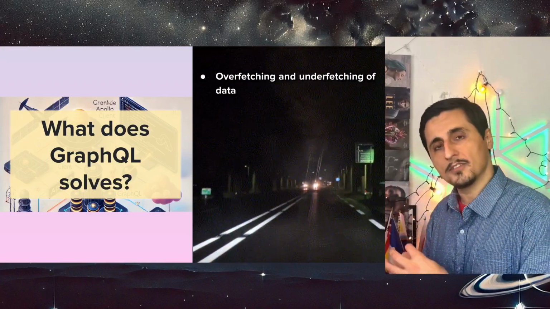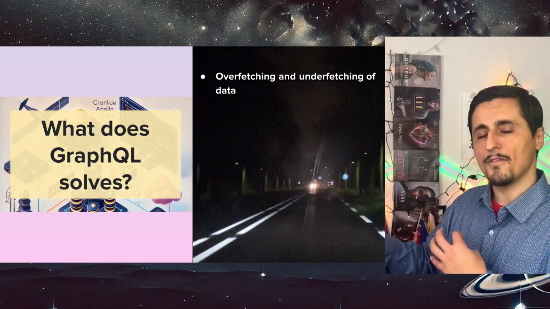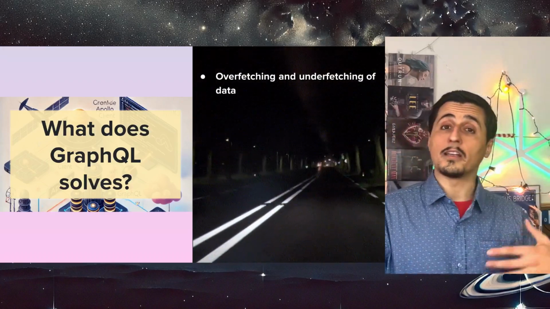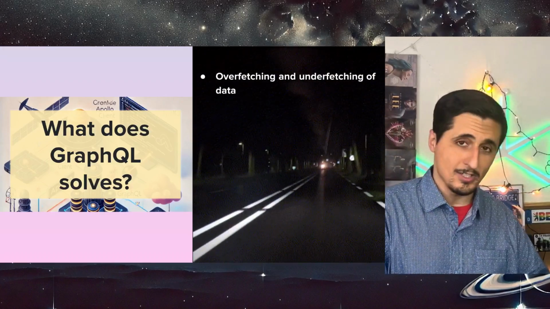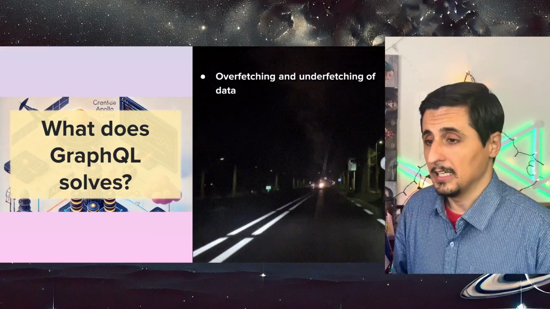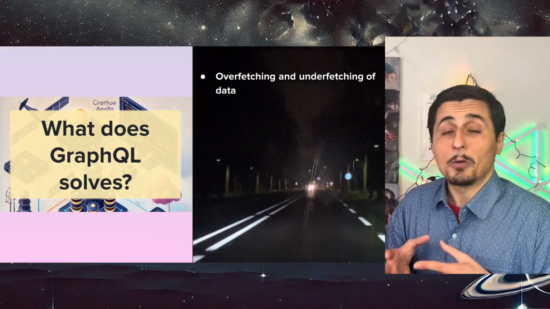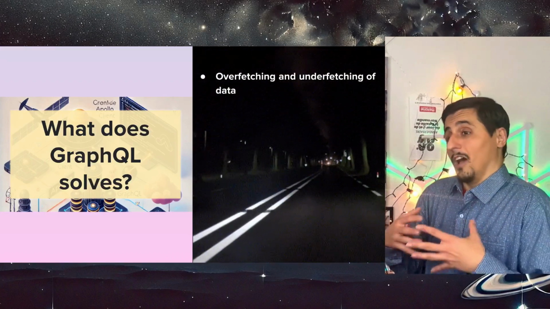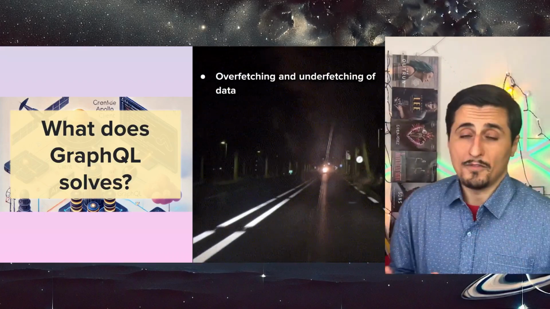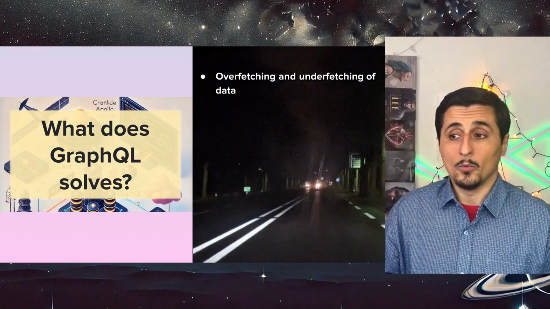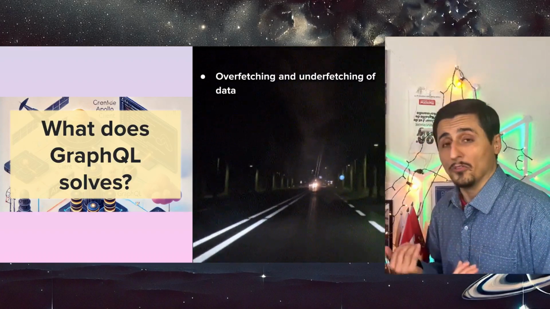If we want more data to come through the wire without affecting that endpoint, then we need to create another endpoint and the documentation and everything that comes with it. With GraphQL, underfetching is not a problem that actually exists, because underfetching and overfetching are easily overcome with the idea of specifying what we want in the payload.